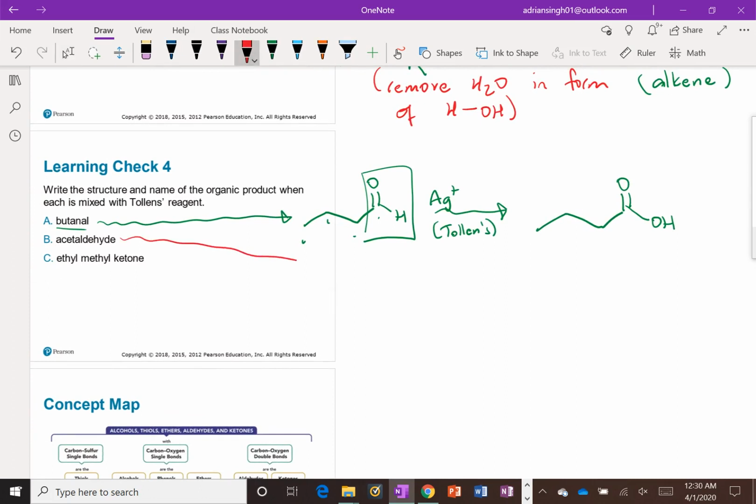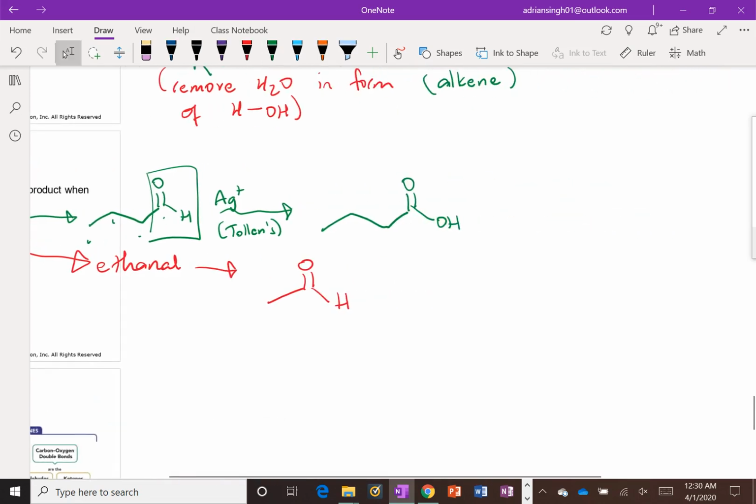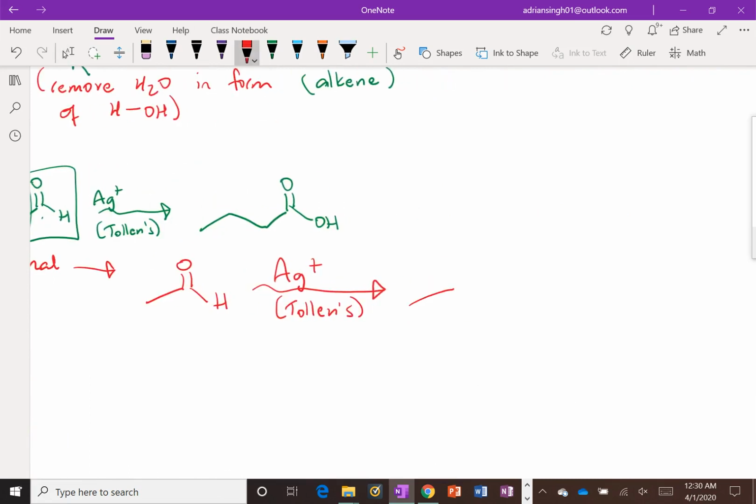Acetaldehyde is the common name for ethanal, which is a 2-carbon aldehyde, 1, 2. And there's our aldehyde functional group. We have the same conditions, our Tollens reagent, Ag+. That will oxidize the aldehyde to the corresponding carboxylic acid.